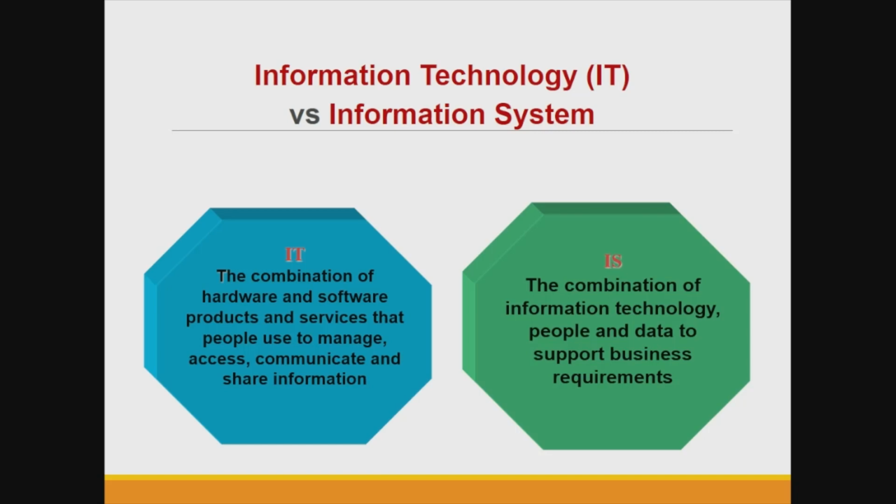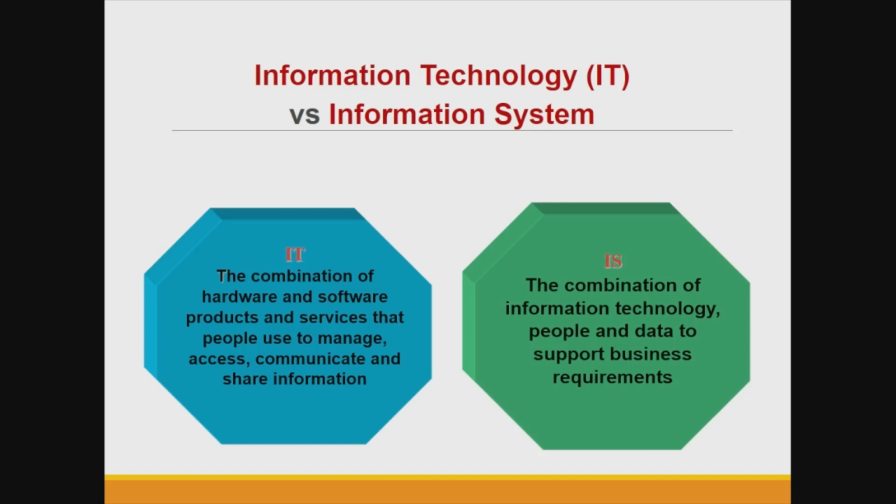IT can be explained as the combination of hardware and software products and services that people use to manage, access, communicate, and share information. Hardware is the device that we use, the software product is an application, web application, or mobile application, and services that people use to manage, access, communicate, and share information. That is information technology.